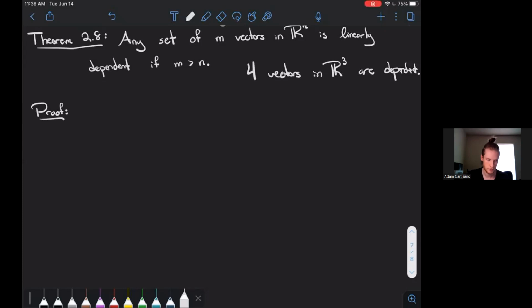Why? Let's use theorem 2.6. That's the one with column vectors. We could also have done 2.7 with row vectors, but I prefer column vectors. So let v1 through vm be column vectors in Rn, of course.